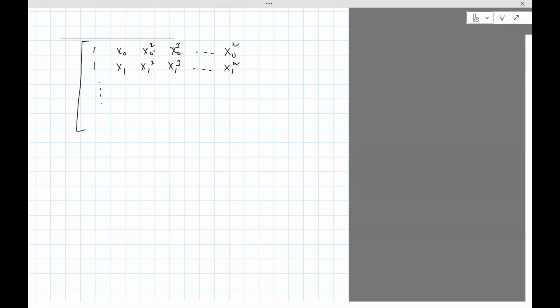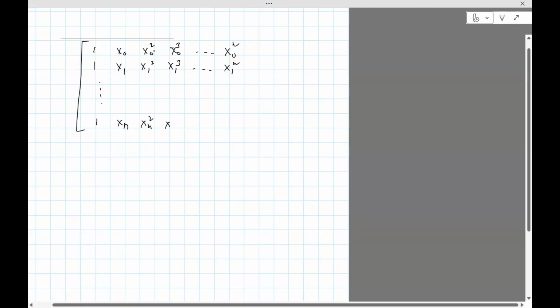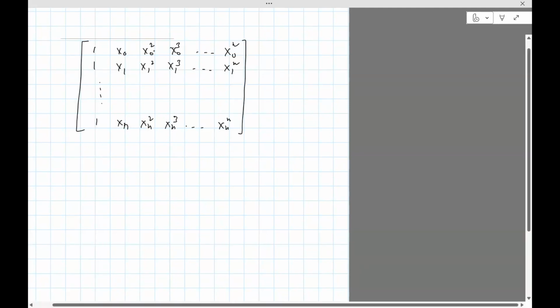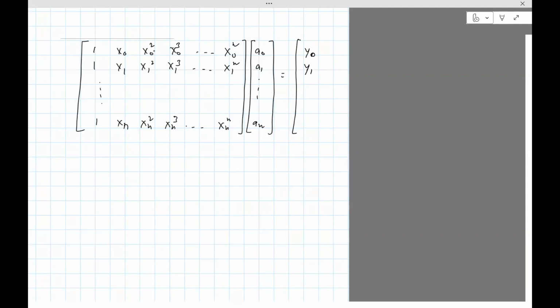We just keep doing that till we reach 1, xn, xn square, xn cube, up to xn to the n, times a0, a1, and so on till an, equals y0, y1, and so on till yn.